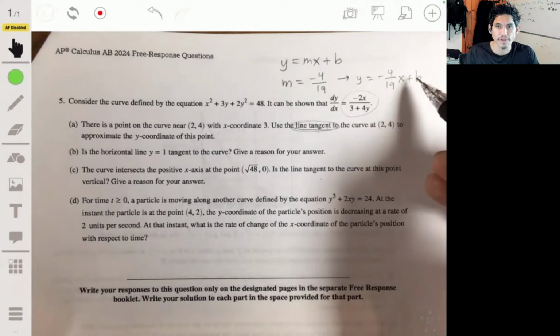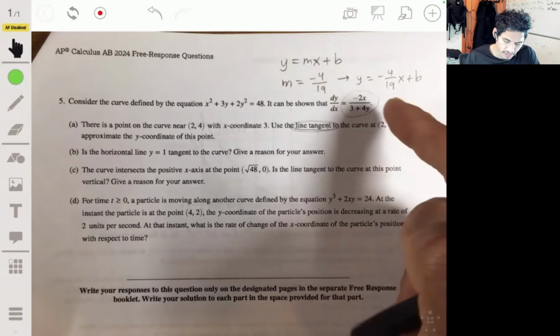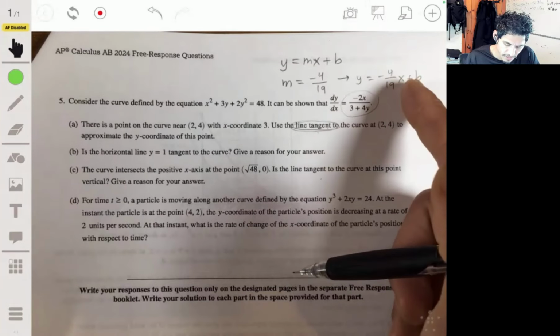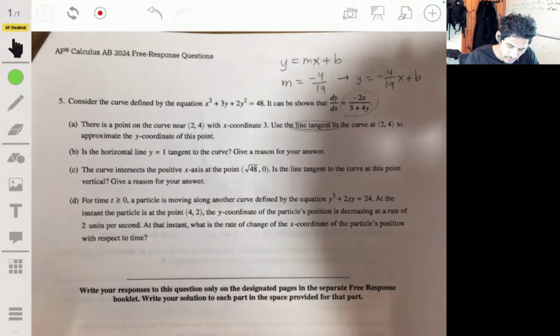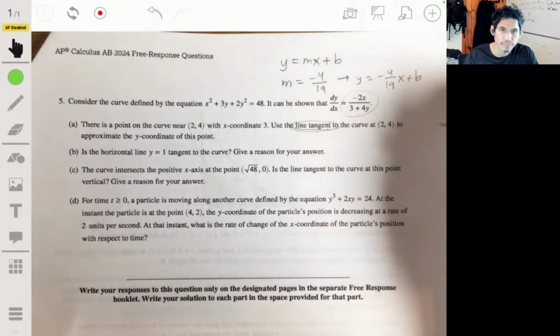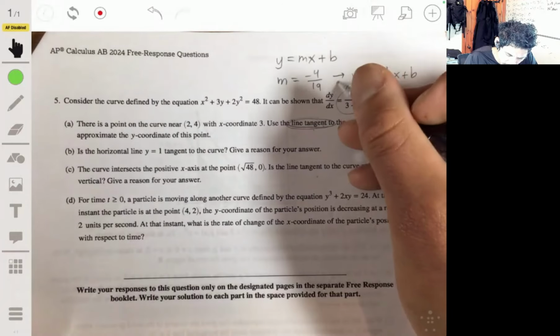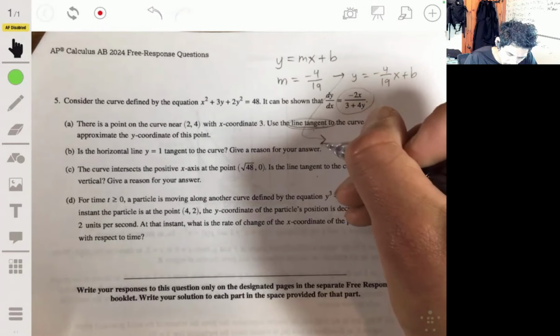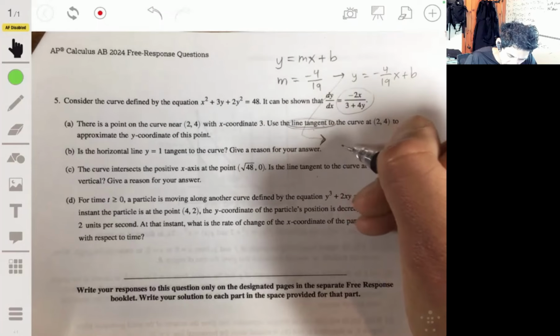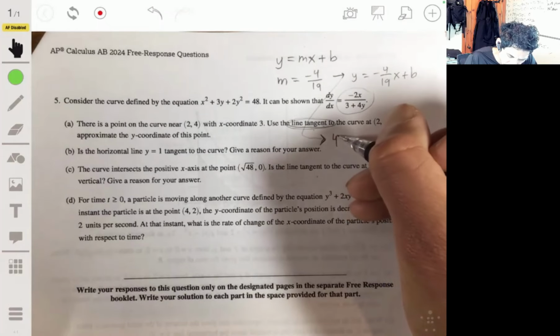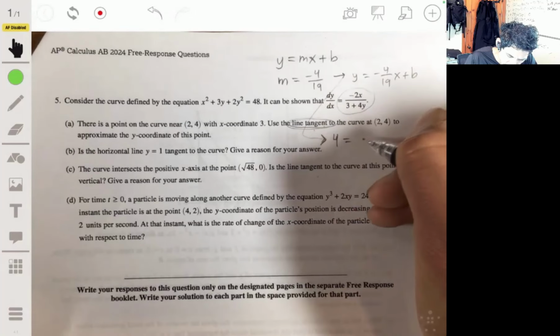We can find the y-intercept b by plugging in 2, 4 for x and y into this equation, solving for b. So I'm gonna cram it in here, even though I don't like doing it, just so I make use of this space. 4 equals negative 8 over 19 plus b.